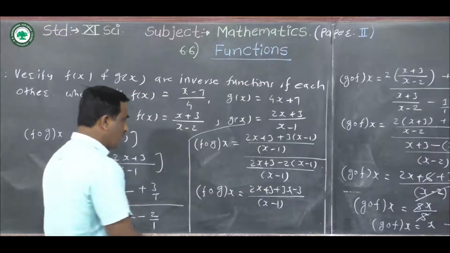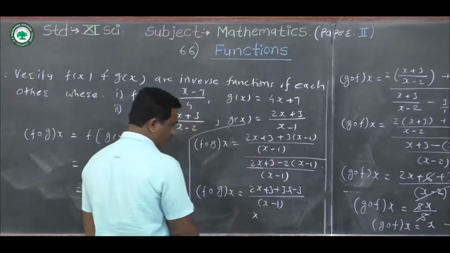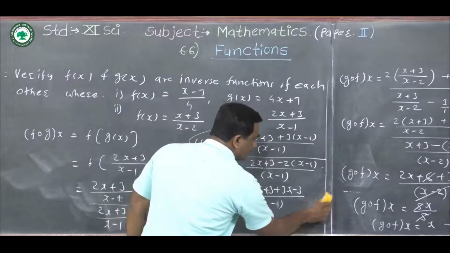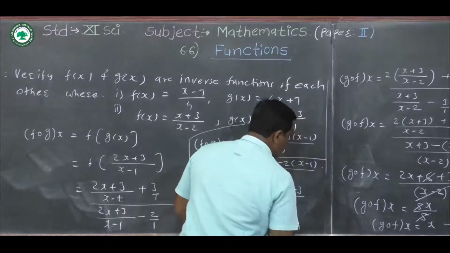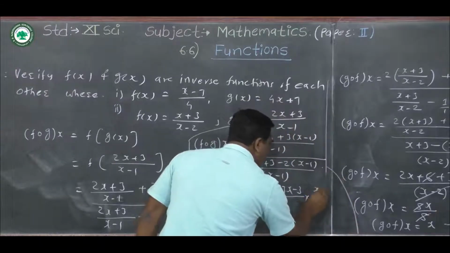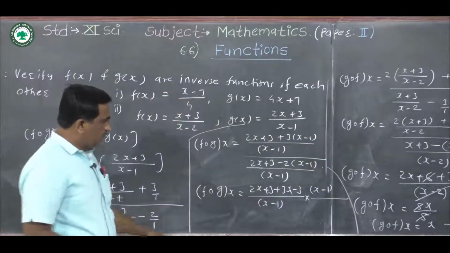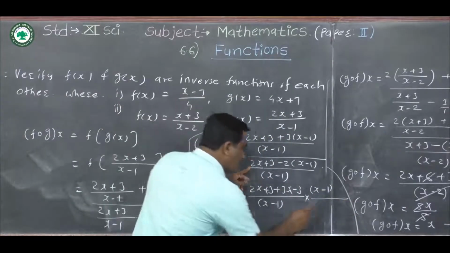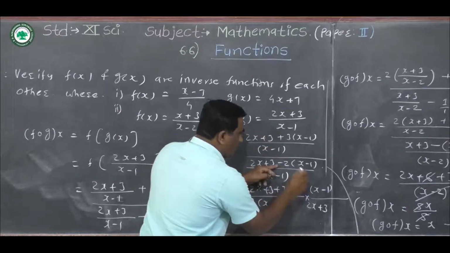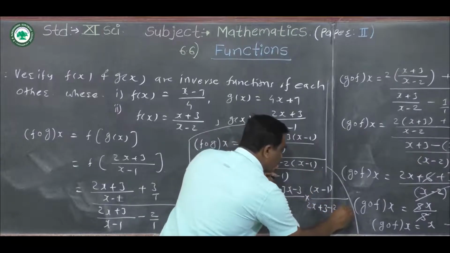Into, we can take the reciprocal of this term, into x minus 1. We write here into x minus 1 upon, simplify this again: 2x plus 3 as it is, 2x plus 3, take the product minus 2 into x minus 2x, minus into minus plus 2.